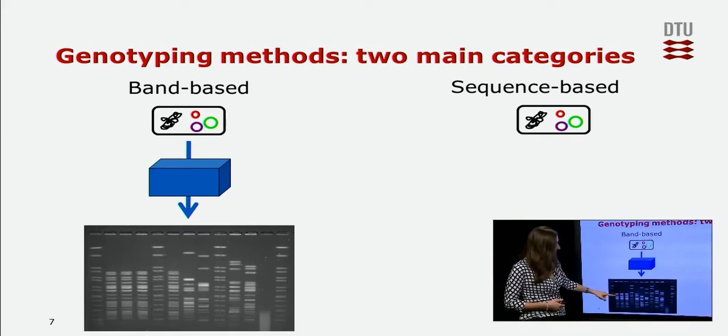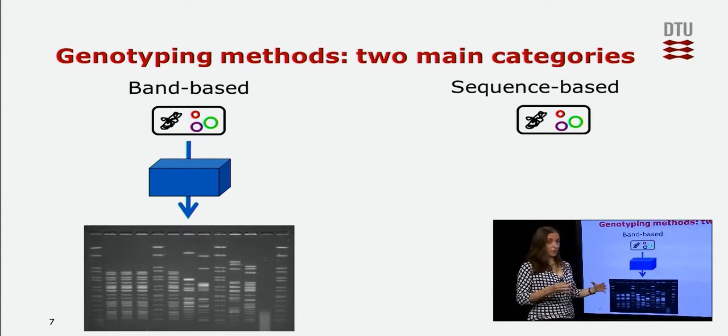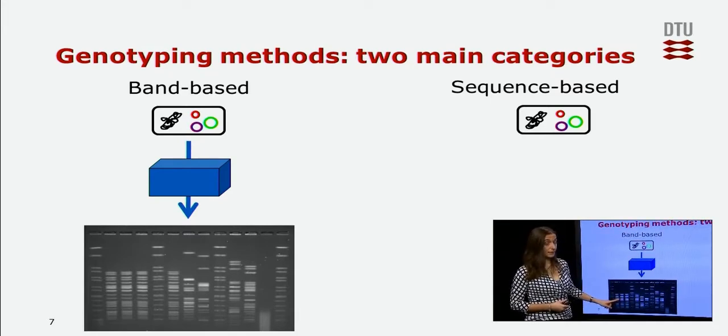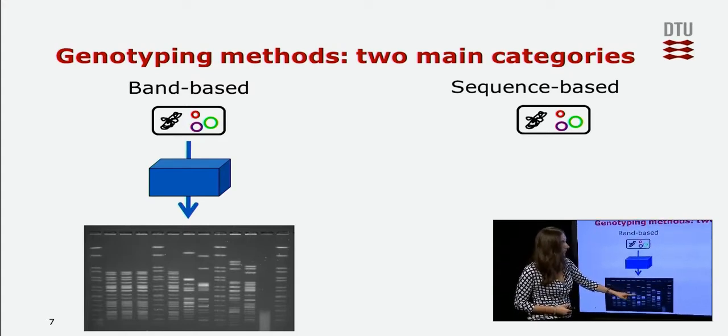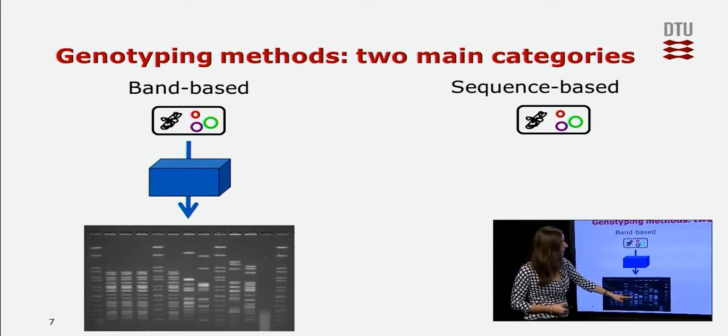And these bands correspond to fragments of DNA that were cut with a specific restriction enzyme. So if you use the same restriction enzyme on many isolates, and if you observe exactly the same pattern of bands, it means that the DNA was cut exactly in the same places. So it means that these strains are actually very much related to each other. If you see, in this case, the DNA was cut in very different ways.